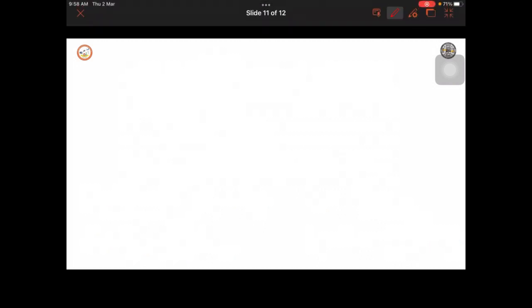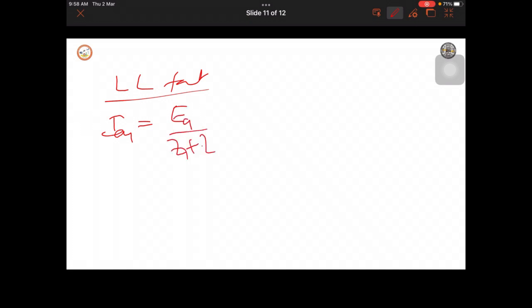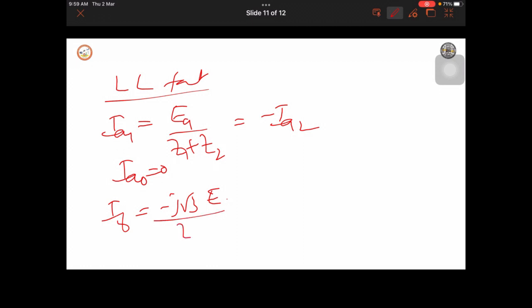Similarly, you can consider the line to line fault. So in the line to line fault, we have the expression IA1 is EA divided by Z1 plus Z2, and IA2 is minus IA1. From the line to line fault derivation, we know that IA0 is 0, and the fault current expression we know: minus j root 3 EA divided by Z1 plus Z2.